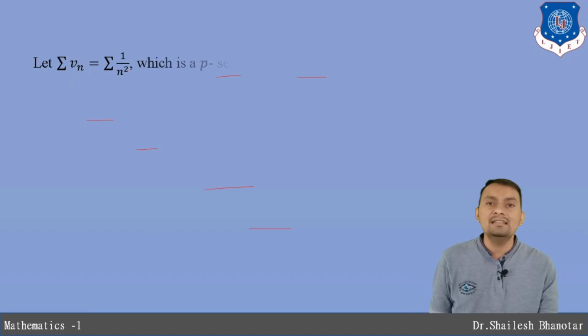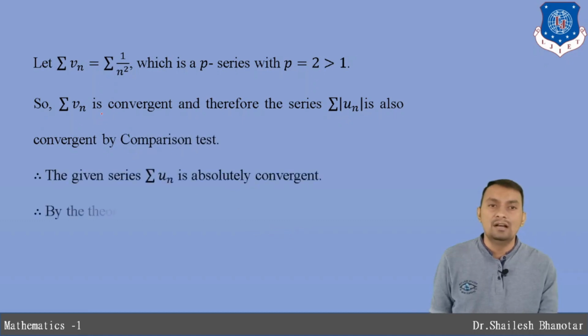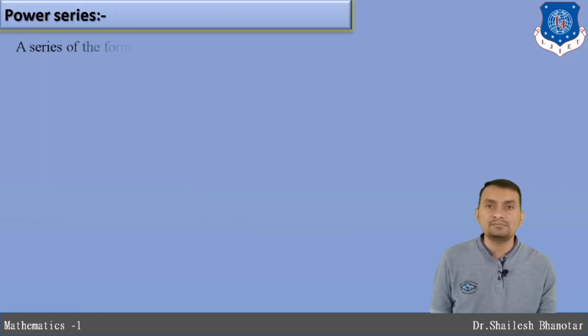So let vn equal summation 1 divided by n square, and from the p series test we can say that this series is convergent. Therefore, by the comparison test, the given series un is also convergent, and therefore the series un is absolutely convergent. By the theorem we have recently done, if the series is absolutely convergent, then definitely the given series is convergent.